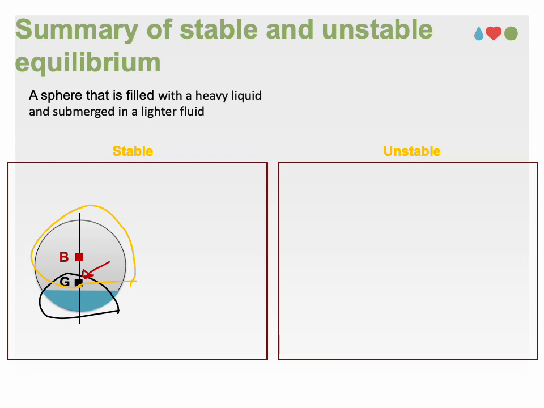Now assume we deviate or tilt the object clockwise from this position. This will result in a restoring force that brings the sphere back to its equilibrium position, like a pendulum swinging back to its rest position when displaced.